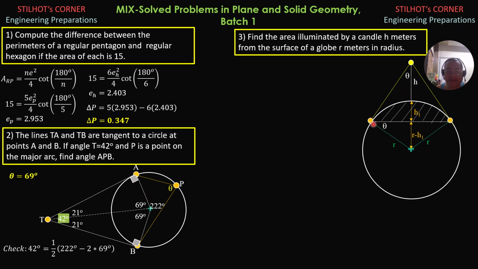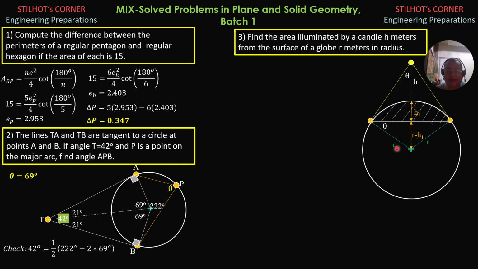By similar triangles, let's have the ratio of the opposite of theta to the hypotenuse. For this big right triangle, opposite is r. The hypotenuse, from the center of the sphere to the point on the top, is radius r plus h.